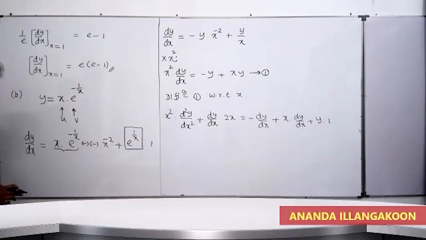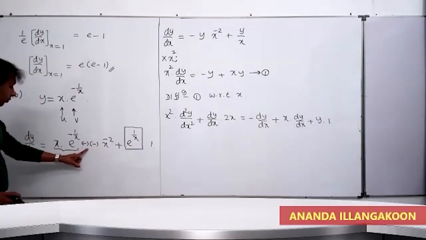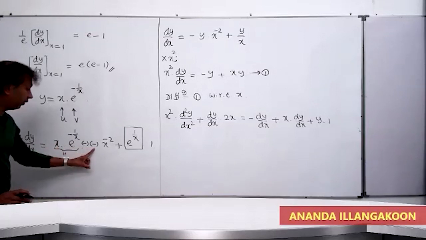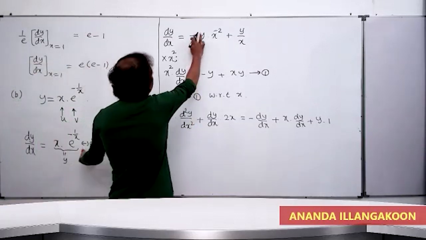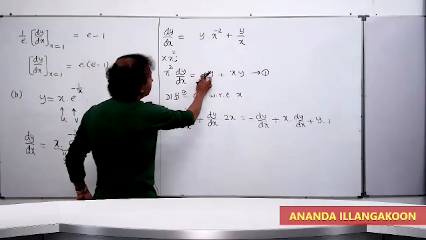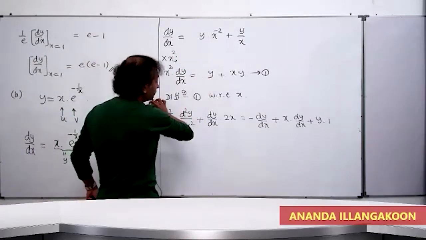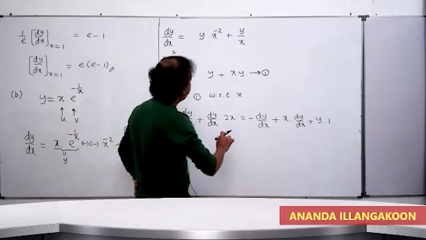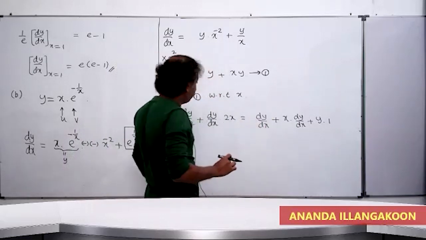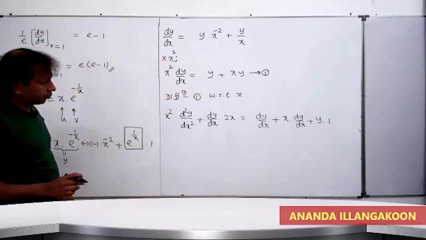So then here we get plus, people. This is y. This is really plus now. Then here, people, we get plus. Okay. Then here dy by dx, that way we get.